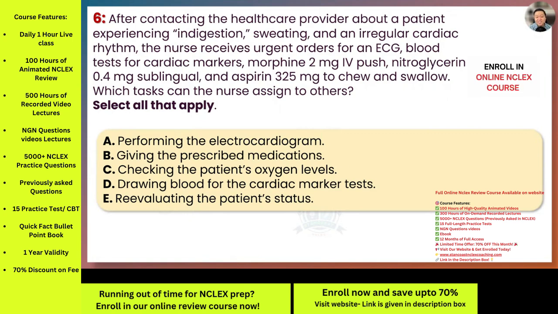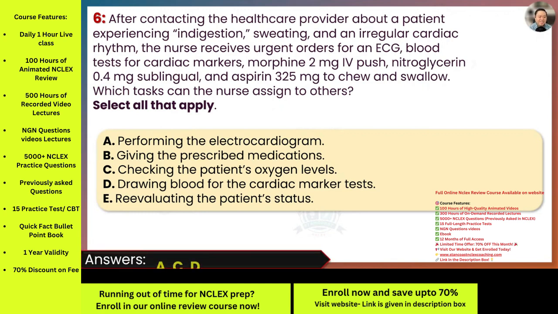So this question is testing your ability to delegate appropriately in an urgent situation. In the NCLEX, some tasks can be assigned to others, but critical nursing responsibilities must stay with the registered nurse. And so we have the options A, C, and D as correct options. Why letter A?